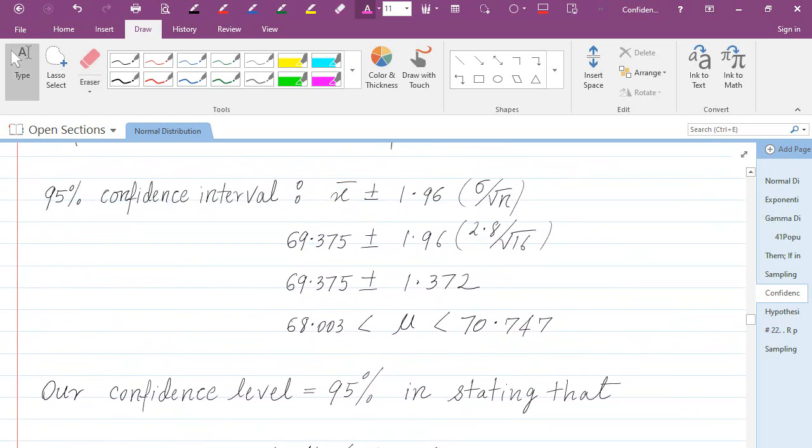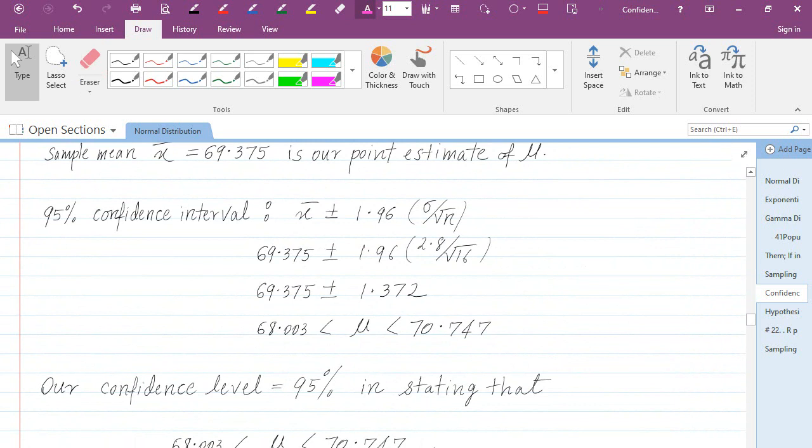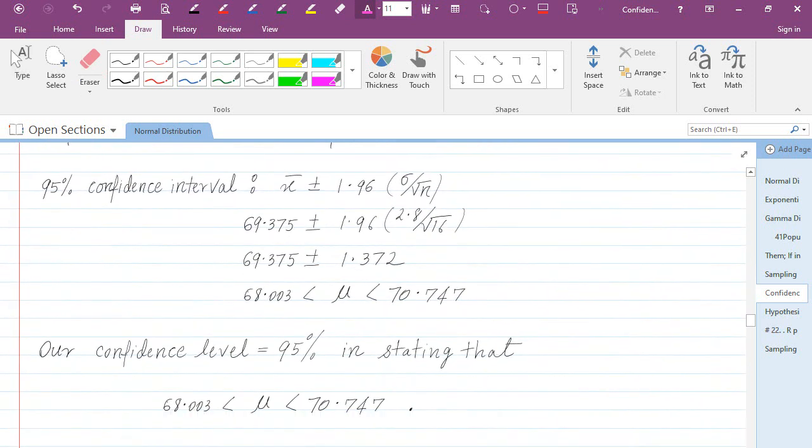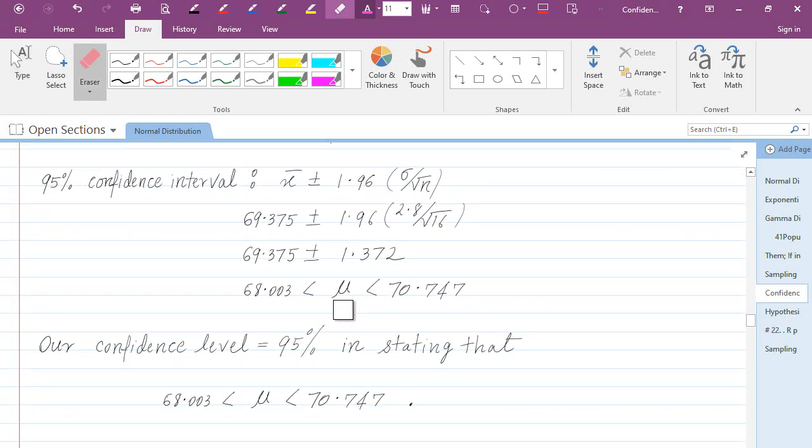So again, the reasoning here is that for the confidence interval that we picked, we are not saying that this specific interval will contain the population mean with 95% probability.